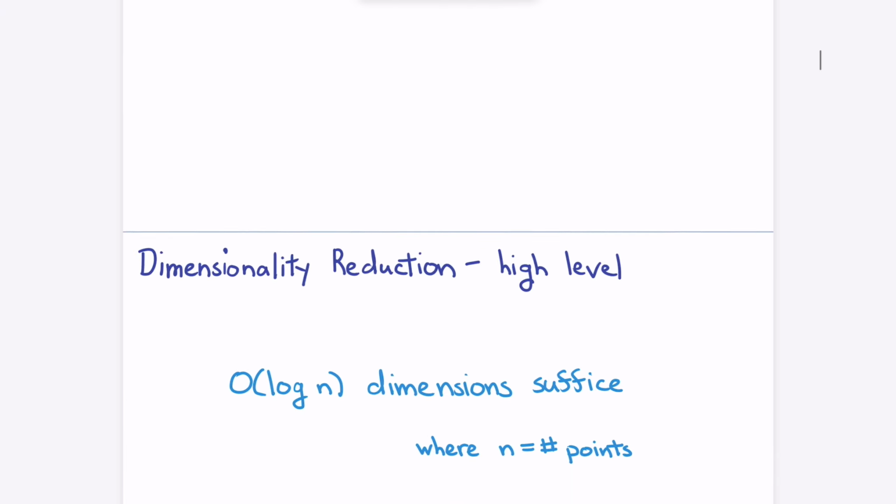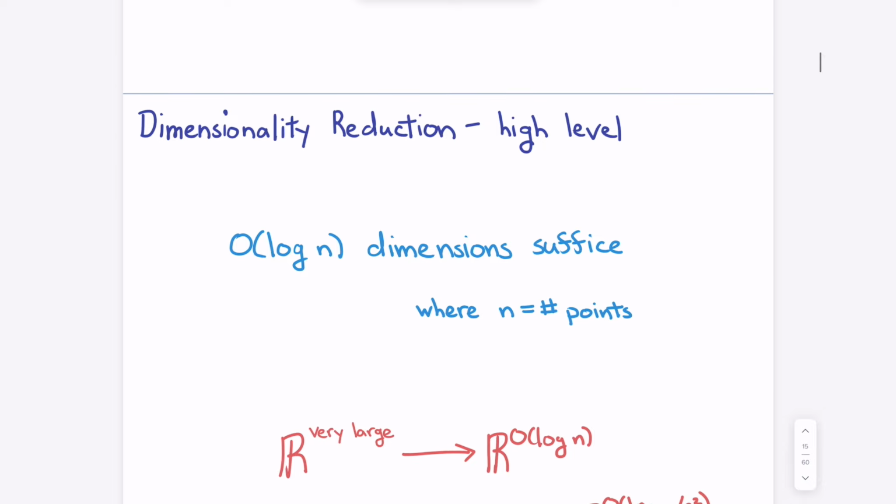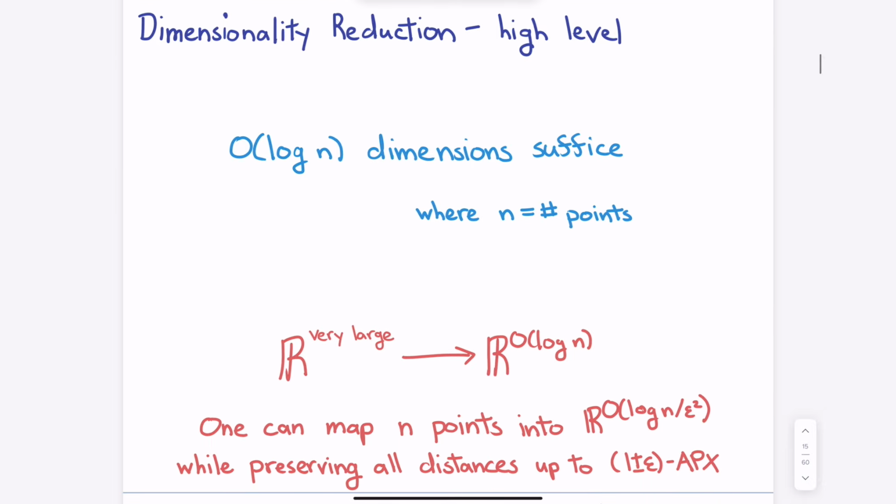So dimensionality reduction, right? The issue is you have tons of dimensions. And so here's what we're going to show today. We're going to show that kind of morally, log n dimensions is enough if you have n vectors. You have n vectors in effectively infinite dimensions, and I'm saying that log n dimensions is basically enough. So let me break that down a little more.